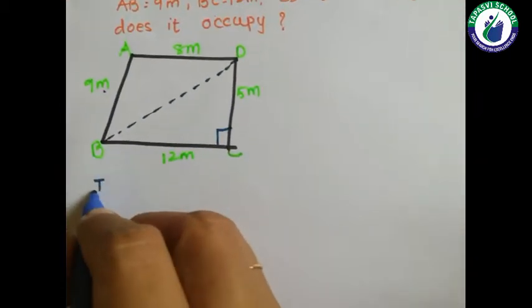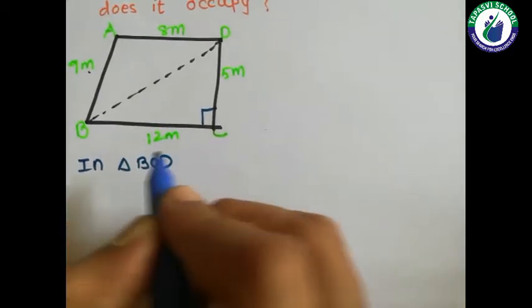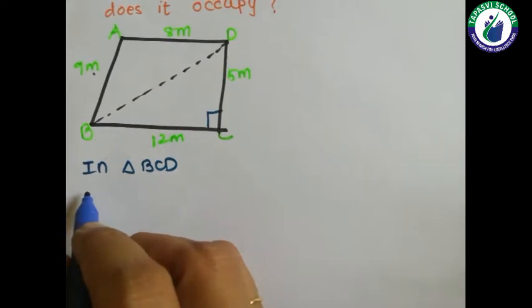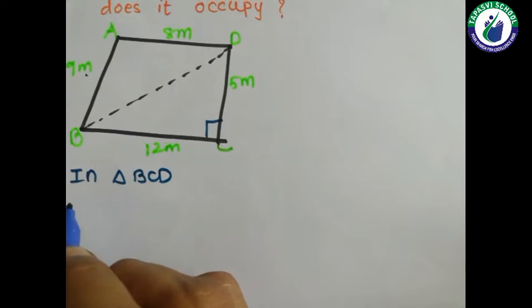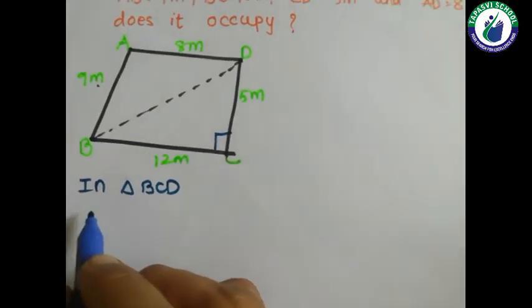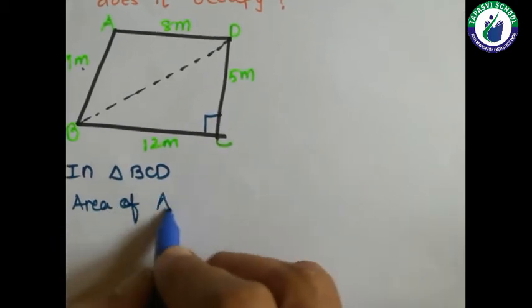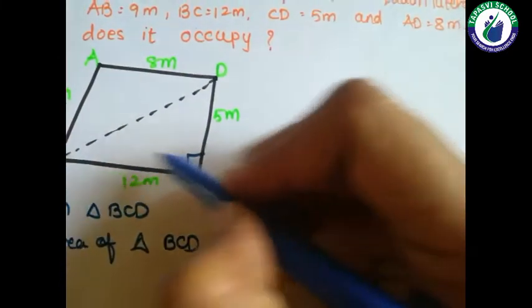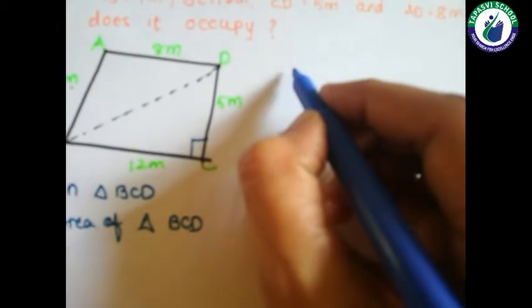So in triangle BCD, we will find out the area of triangle BCD. First of all, as we told, we will find out the third side by using Pythagoras.